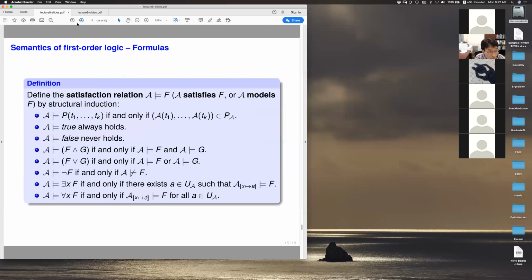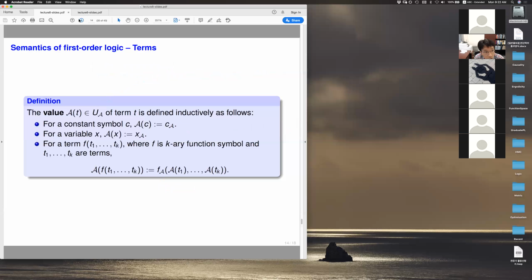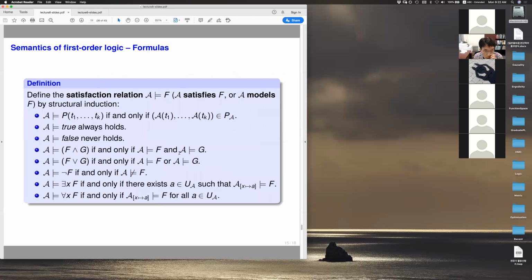And so this is the interpretation of a term. The interpretation of a formula is also, in a sense, straightforward. Now the semantics or interpretation of a formula is given by this satisfaction relation, which people sometimes read as A satisfies F or A models F, and it's defined inductively.